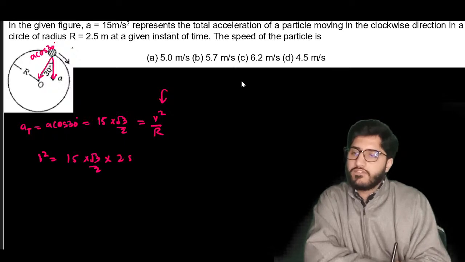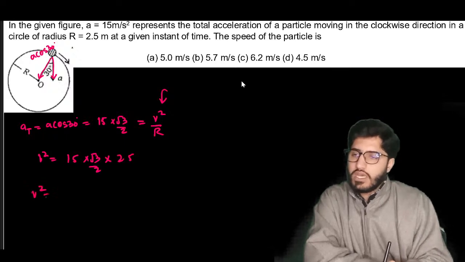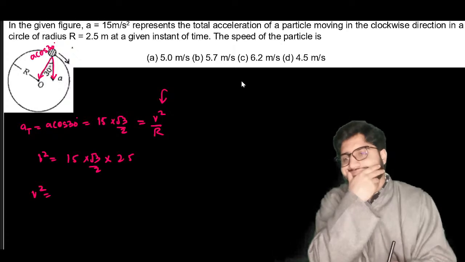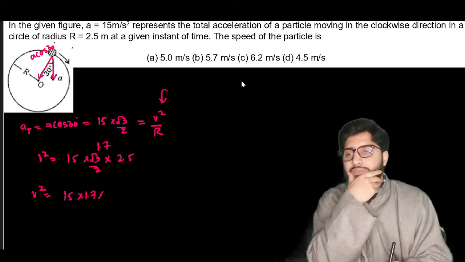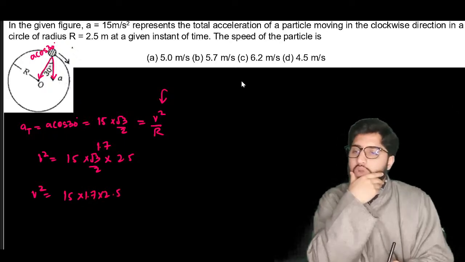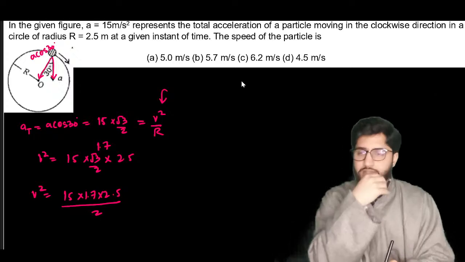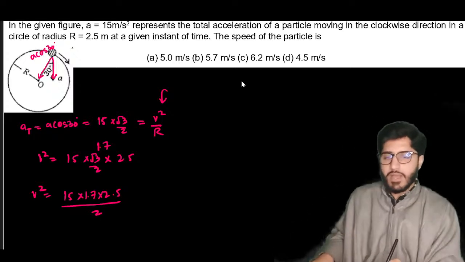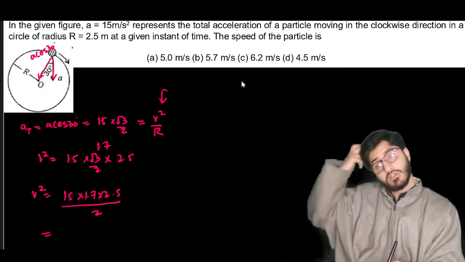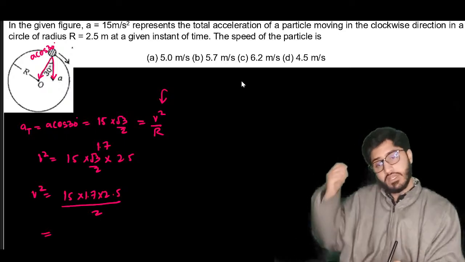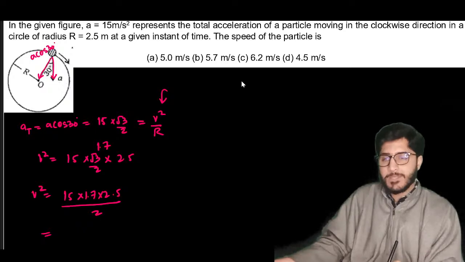R is 2.5. So V square is 15 multiplied by 1.7 multiplied by 2.5, whole divided by 2, right? I guess it will come out to be, look, 15, 30. It will be now 30.